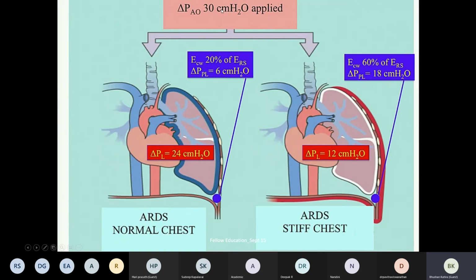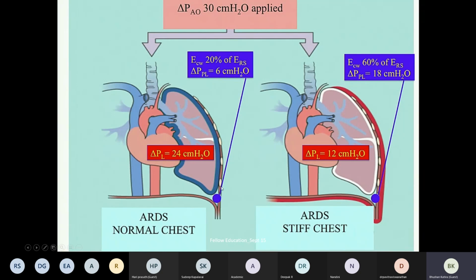Then what we give here largely goes to the chest wall, and the lung receives much less. This may be safer from overinflation, or it may be inadequate for a proper tidal volume delivery. So we say, well, you're still within quite a good range, and what you give here does not go to the lungs. Better, you can increase your airway pressure and give more airway pressure, which is safe in this situation.